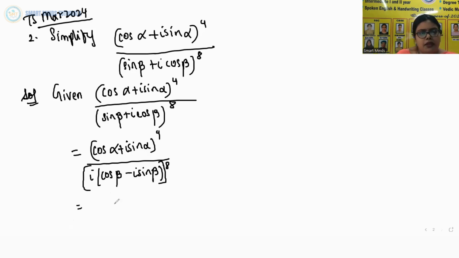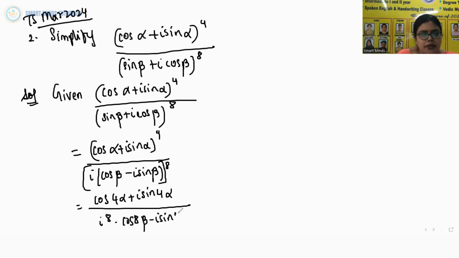Now we are applying De Moivre's theorem. Cos 4 alpha plus i sin 4 alpha by i power 8 into (cos 8 beta minus i sin 8 beta). Now the numerator is cis 4 alpha.